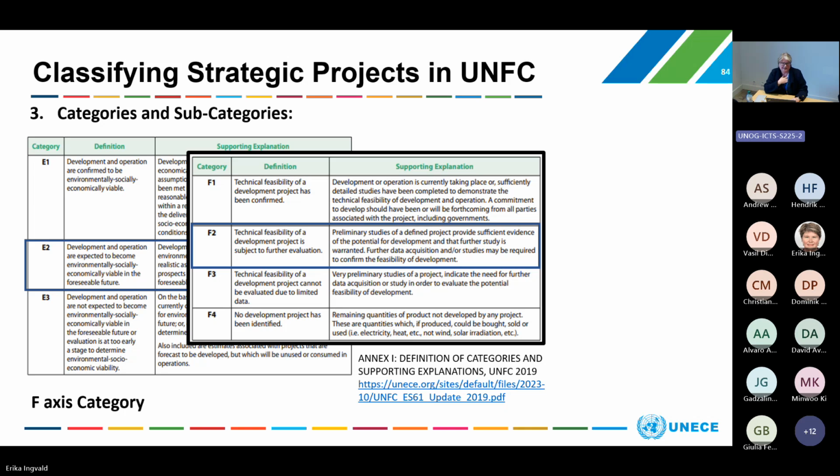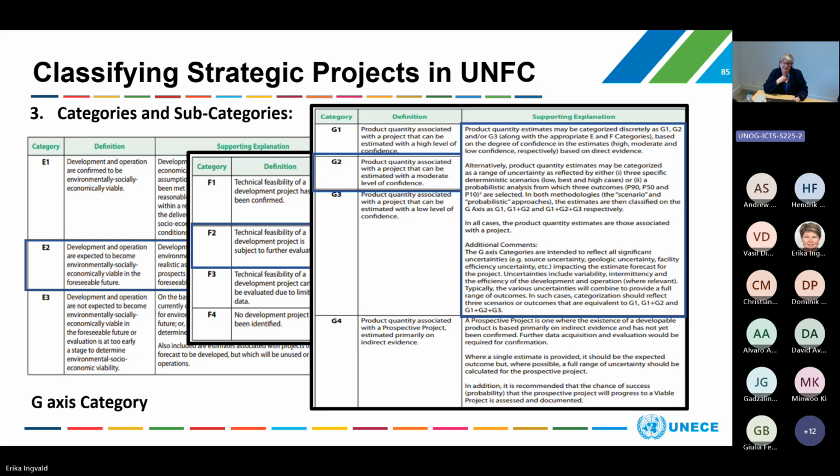And this one has an F2, and also here maybe there are more studies that need to be done to move this project up to an F1. You will find the definitions in the UNFC 2019 document, and here for the G2, you have a quite high but not top quality of the data of your resource.